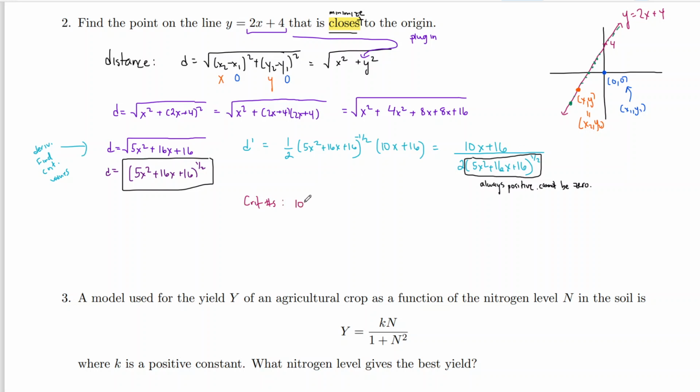We have 10x plus 16 equals 0. And you solve this, you can subtract 16 from each side. You get 10x equals negative 16. And then you can divide each side by the 10, and you get x equals negative 16 over 10. Simplified as a fraction is negative 8 over 5. And this is kind of a nice decimal, so I'm going to actually use negative 1.6. But you can also use negative 8 over 5, whichever one you want.